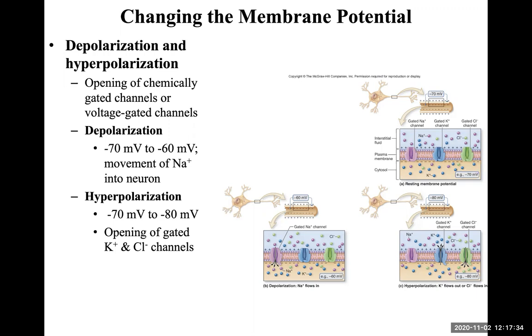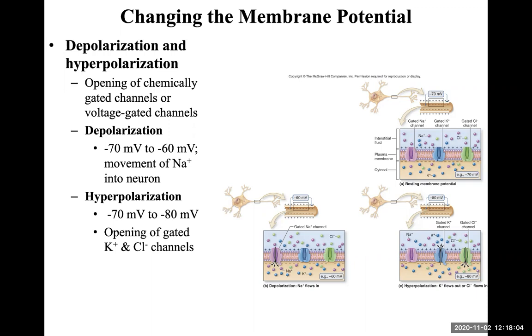So if an action potential does occur, what happens at negative 55 millivolts is that the voltage gated sodium and potassium channels open. But there are many, many more voltage gated sodium channels than there are potassium channels. And so when voltage gated sodium channels are open, sodium will rush into the cell because of the chemical gradient, and that will bring the value from negative 55 into the positive range, let's say, positive 30.